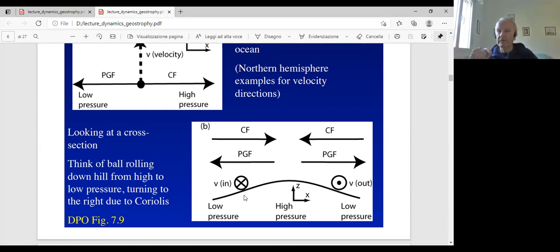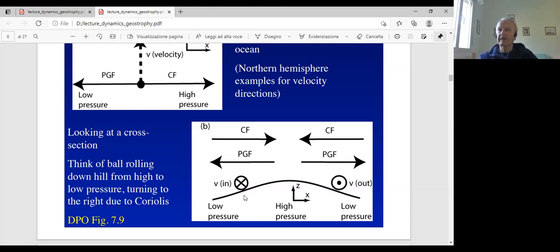So if the particle is moving around the hill, it will move only in a clockwise direction around the hill, and vice versa. If you have a dip in the surface of the ocean, the particle will be moving in the opposite direction. It will be moving anti-clockwise.